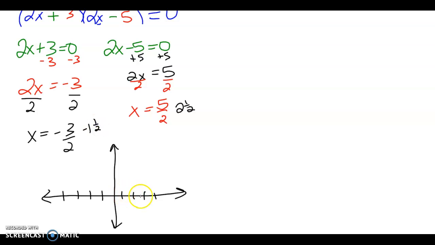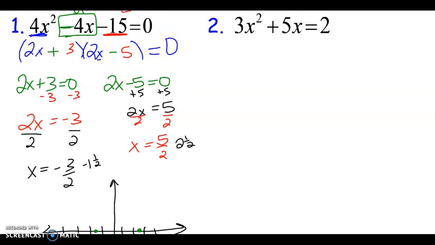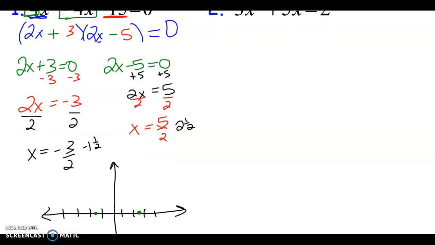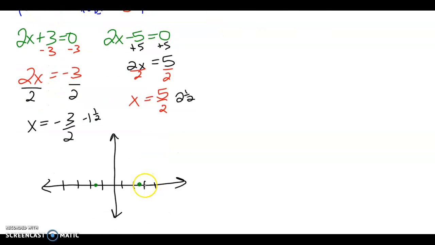So our points are at 2.5 and negative 1.5. Because that leading coefficient was a positive 4, that means our graph is going to go up. And at each of these zeros, it's going to go through the x-axis. So it looks something like that. Now we could do a bunch more work to figure out where the vertex is, but I just wanted to point out that these are the zeros.